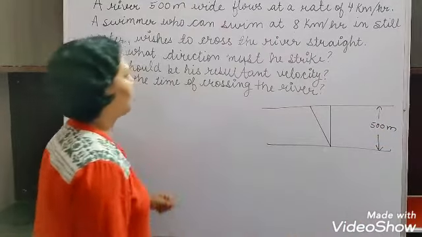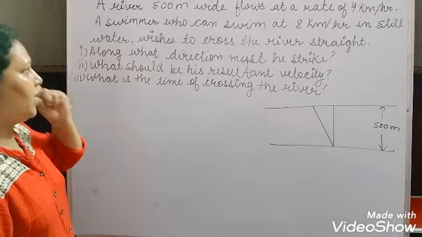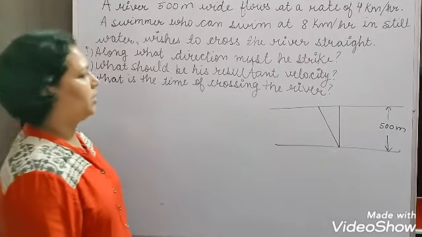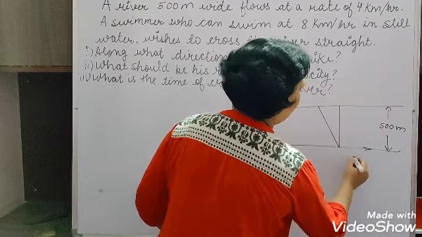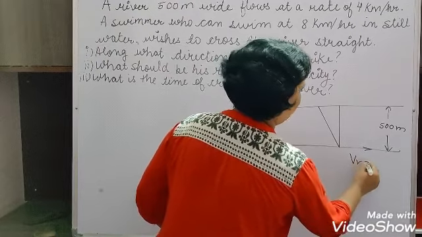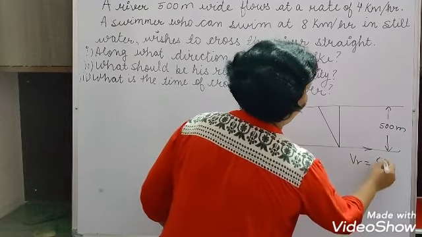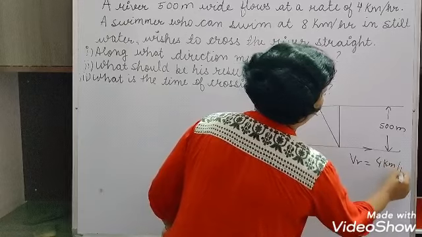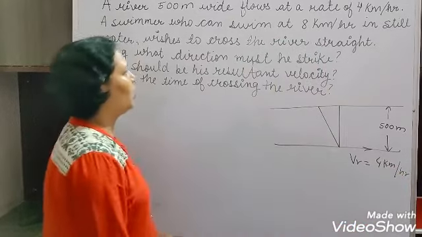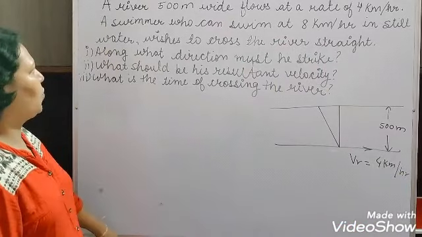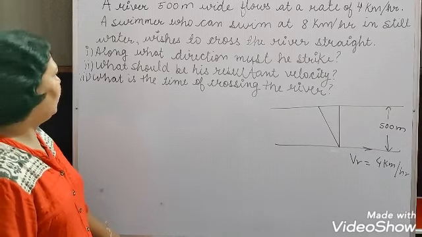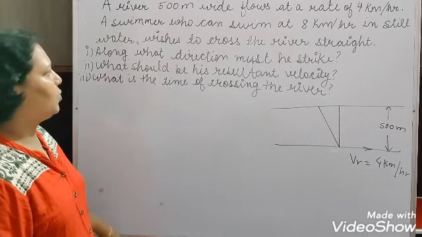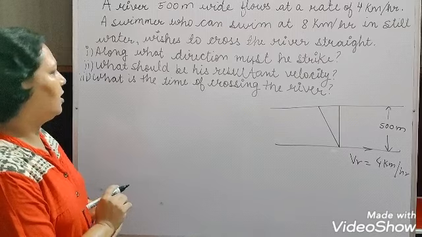That means the river is flowing in this direction, so we can write VR is equal to 4 kilometer per hour. Now given here, a swimmer who can swim at 8 kilometer per hour in still water wishes to cross the river straight.